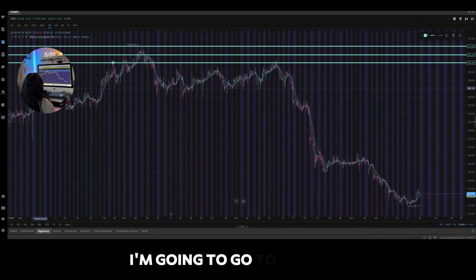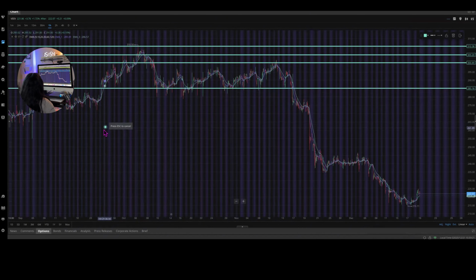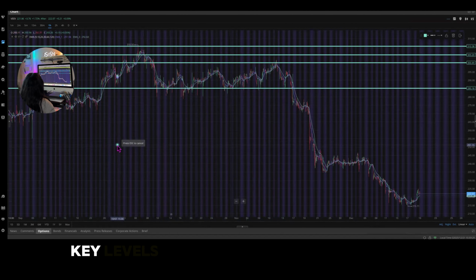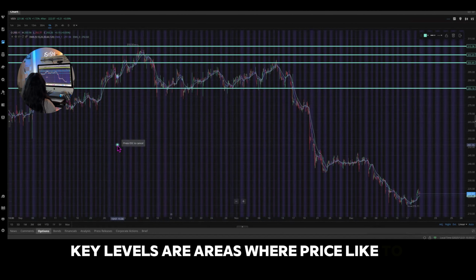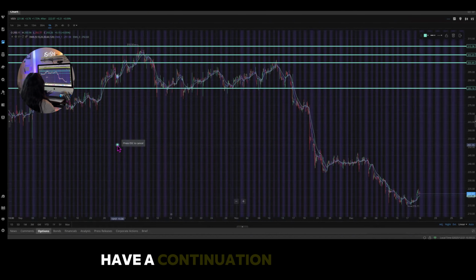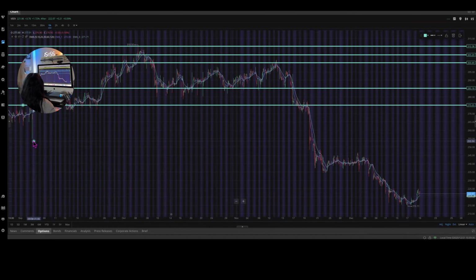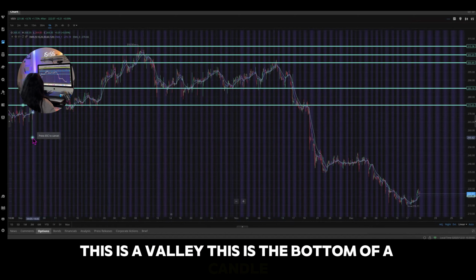I'm going to go to this one. Okay. Also, I'm collecting this one as a key level, but look at all of these bottom of candles as well. Okay. Remember, key levels are areas where price likes to consolidate, have a continuation or reversal. Okay. I see this one. This is a valley. This is the bottom of the candle.